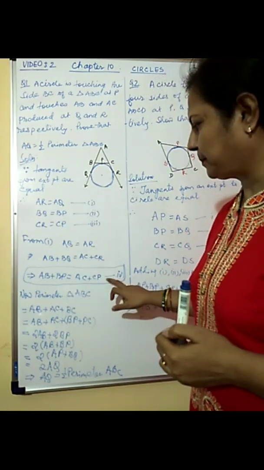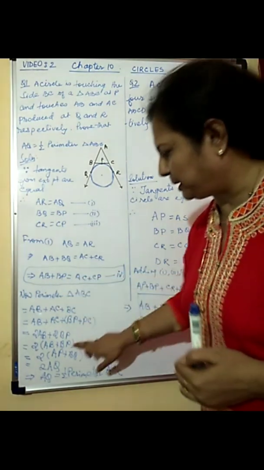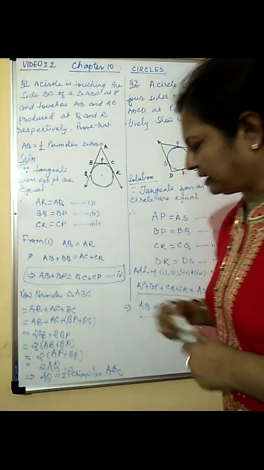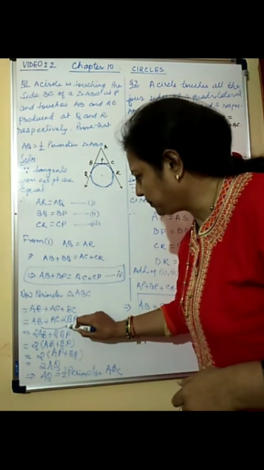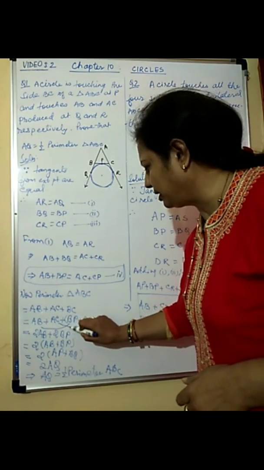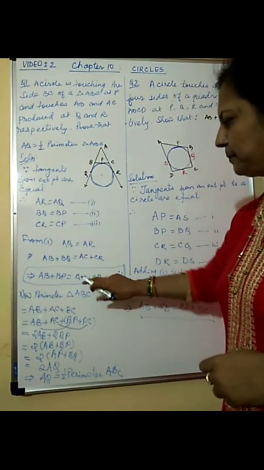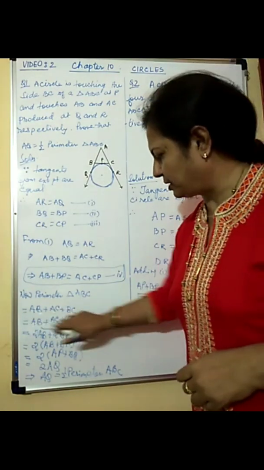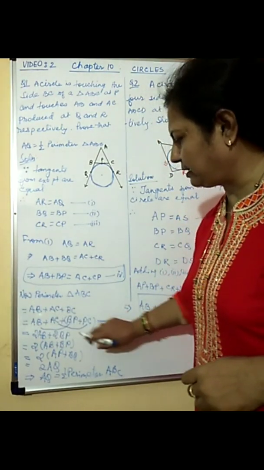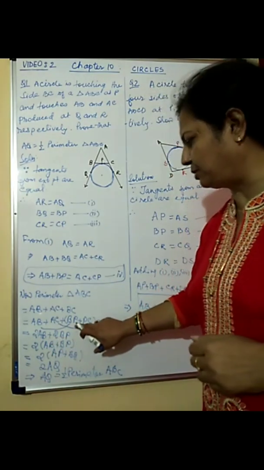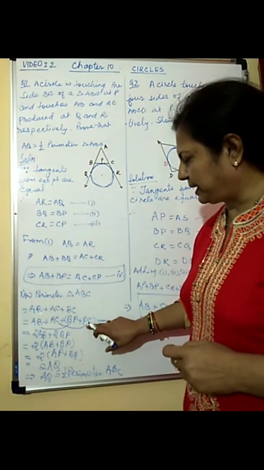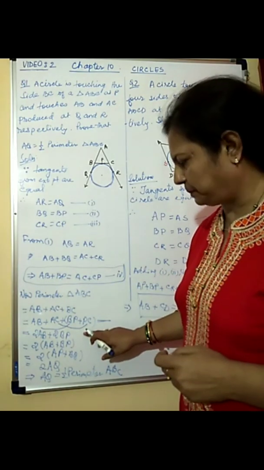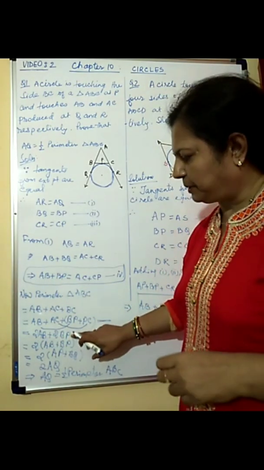AB plus BP is equal to AC plus PC from equation 4. So the perimeter can be written as 2 times AB plus 2 times BP, because in place of AC plus PC, we can substitute AB plus BP.